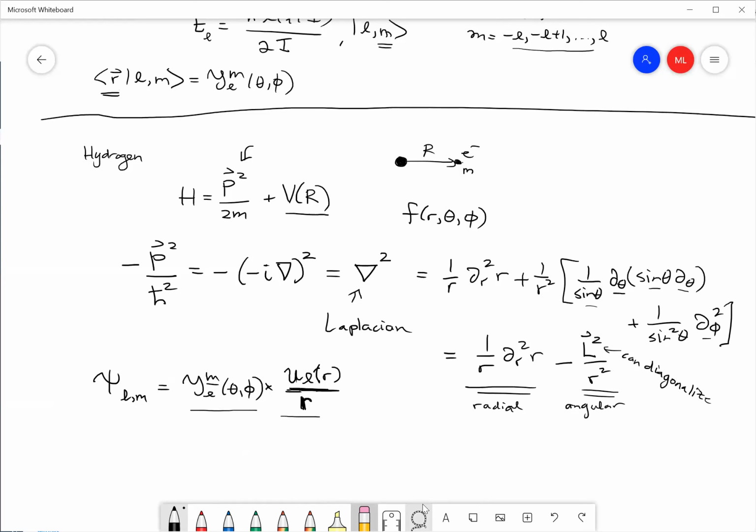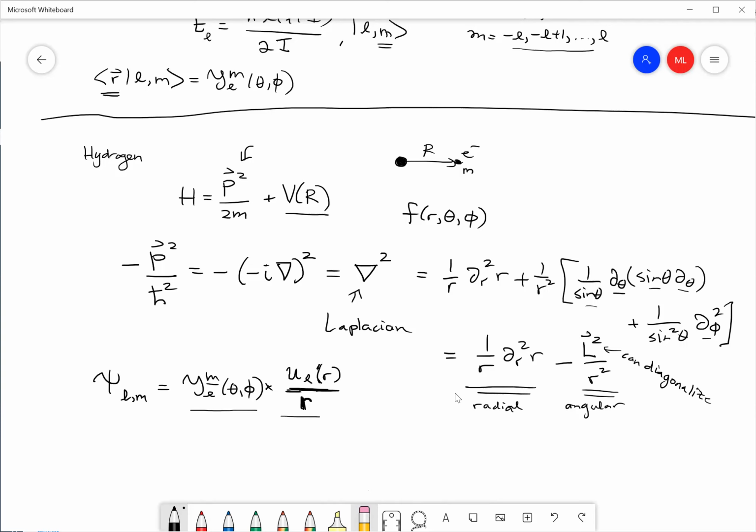Doesn't depend on either L or M. Any takers for that? I think the L dependence won by a couple of people. So indeed, it can depend on L.